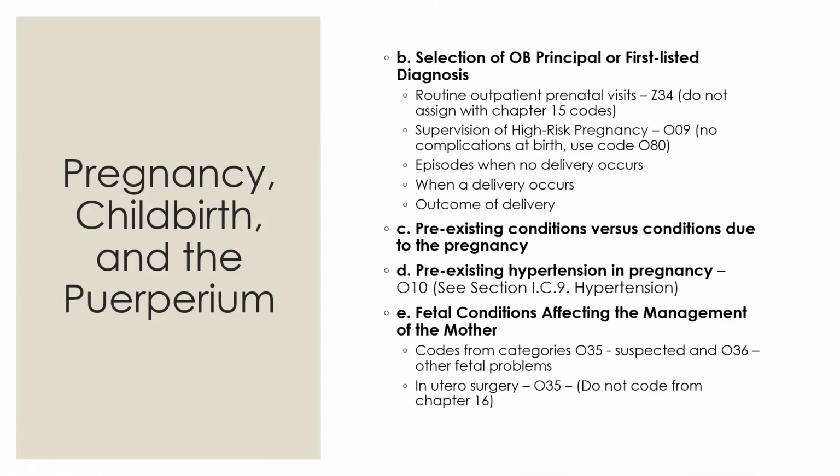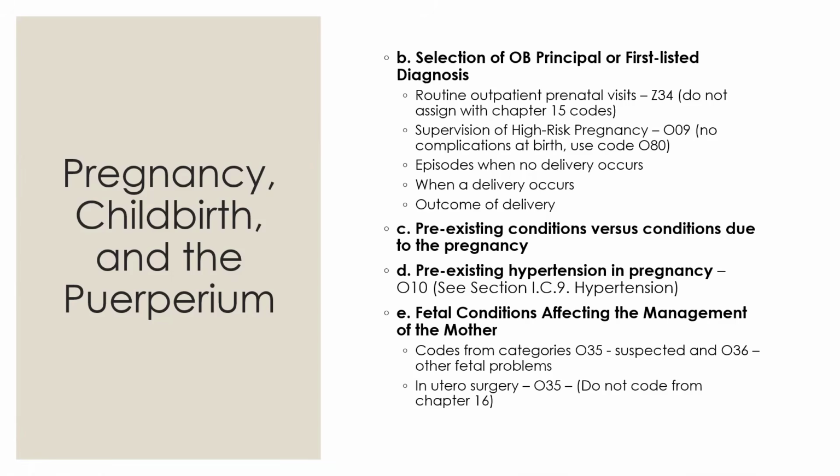For pre-existing hypertension and pregnancy, Category O10 for pre-existing hypertension complicating pregnancy, childbirth, and the puerperium includes codes for hypertensive heart and hypertensive chronic kidney disease.